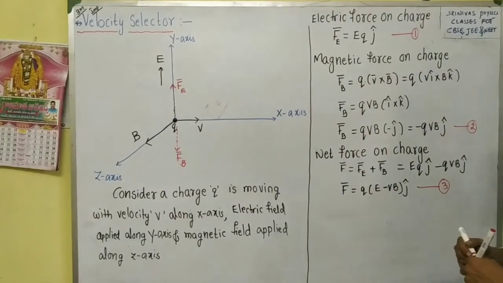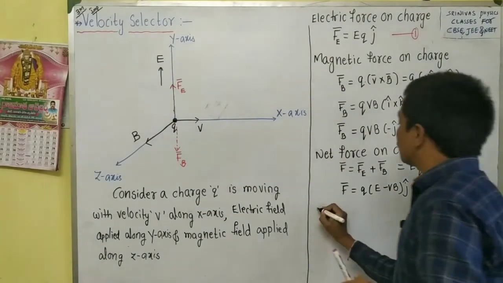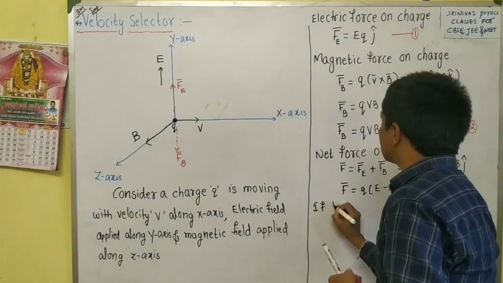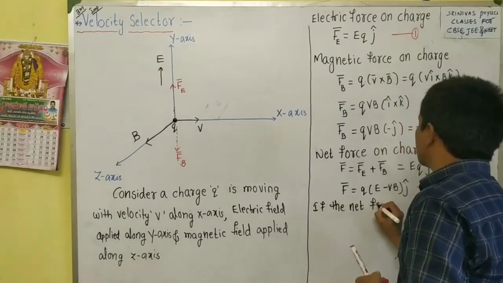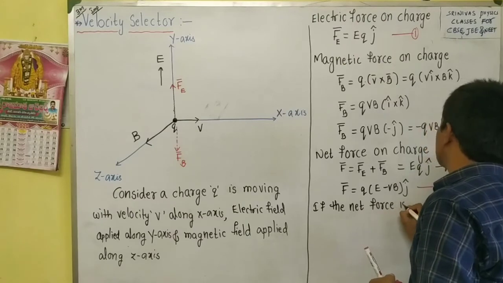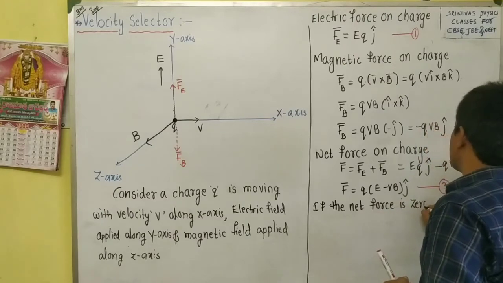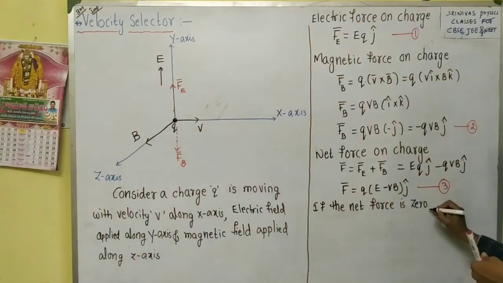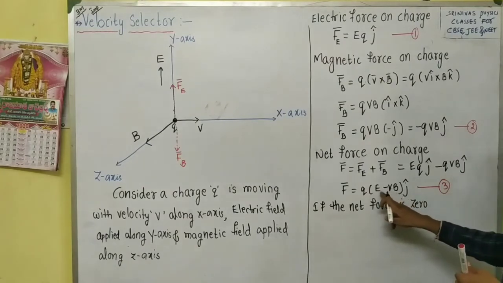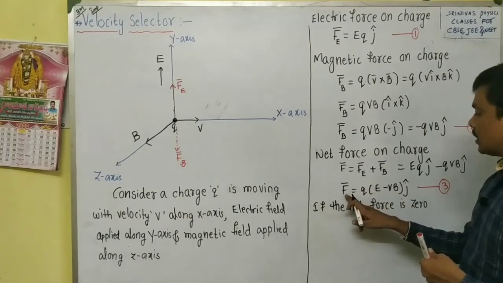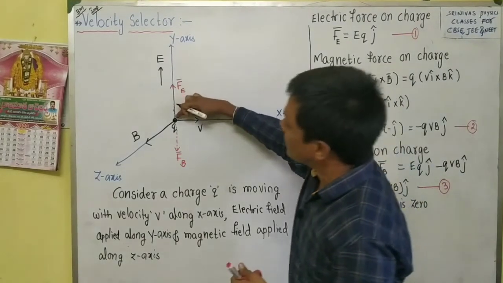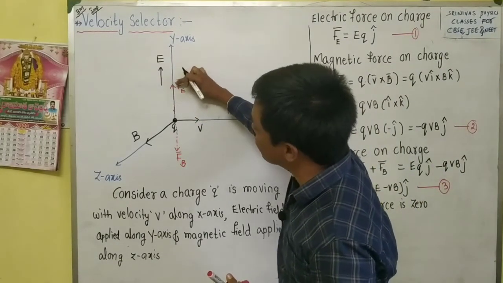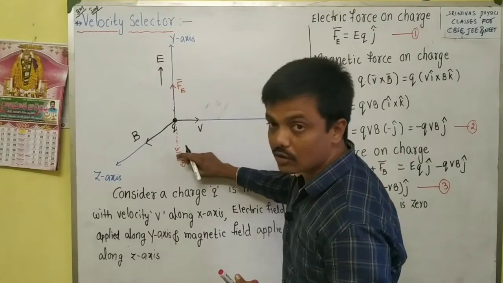Now, if the net force is 0, what you have to do is adjust E and B in such a way that when you adjust E, the electric force changes, and when you adjust B, the magnetic force changes.